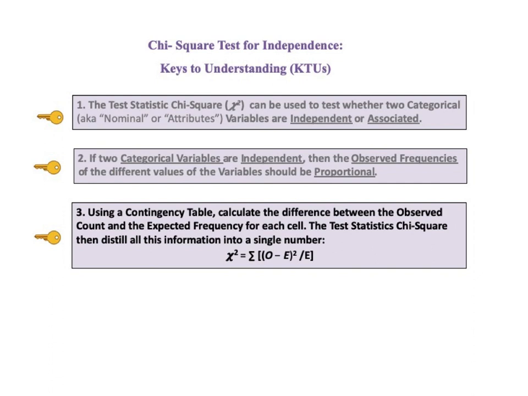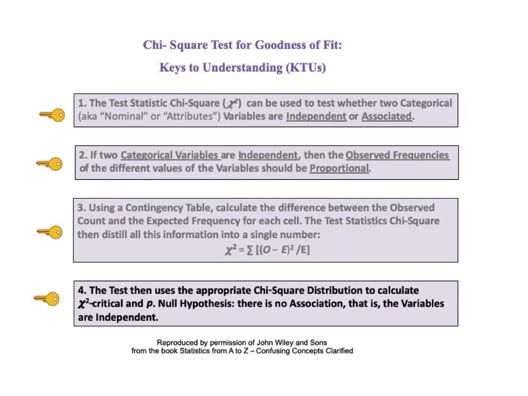Chi-square equals the sum of O minus E squared divided by E. The fourth and final key to understanding tells us that the test then uses the appropriate chi-square distribution to calculate chi-square critical and P. The null hypothesis is that there is no association, that is, the variables are independent.